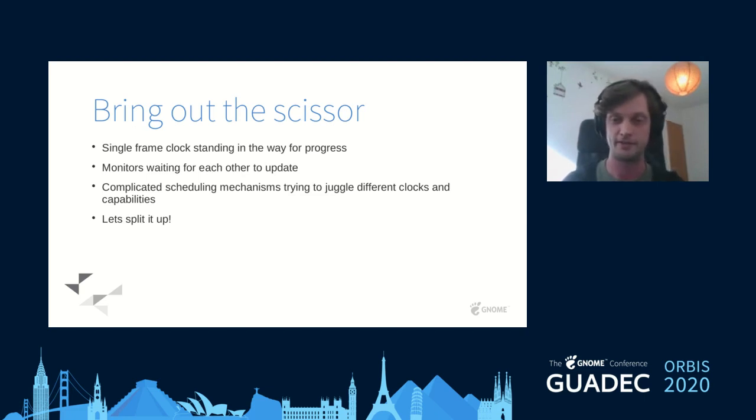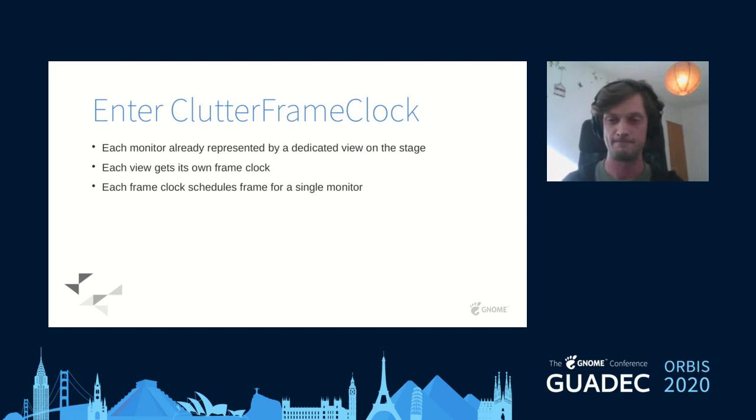Let's take the next slide. So we created a completely new frame clock, called the ClutterFrameClock. Already we had split up the rendering, or the painting of the stage, the screen, of all the screen content, into different dedicated views. Each view would correspond to a monitor.